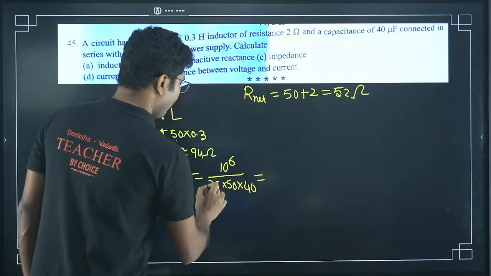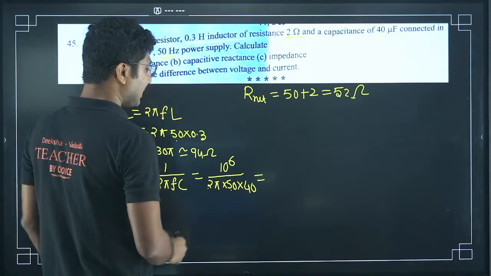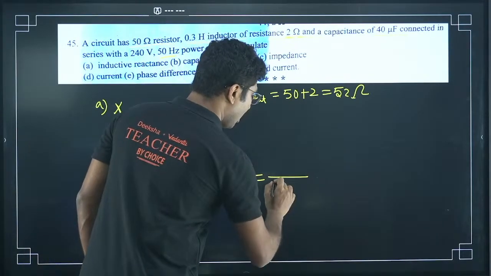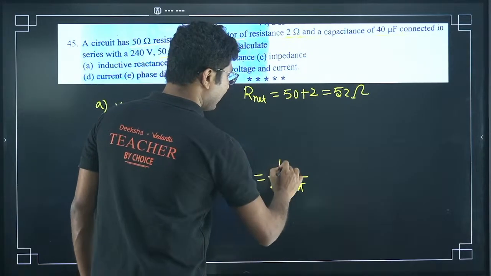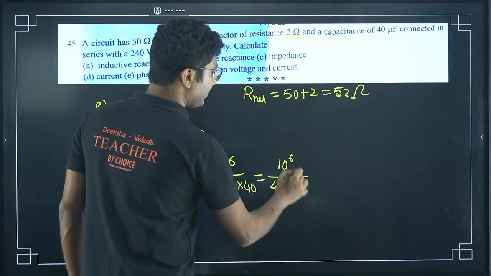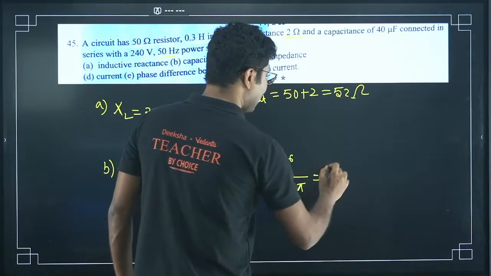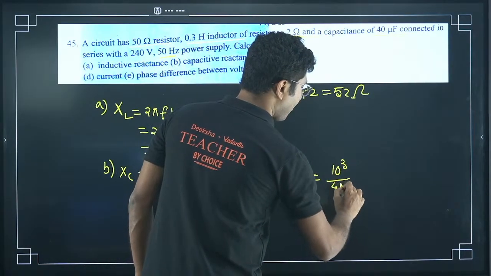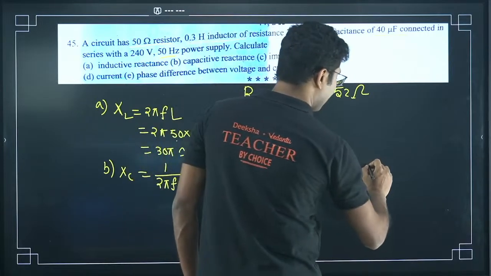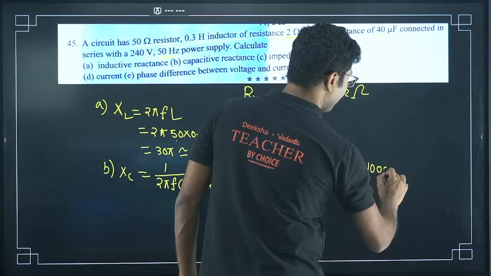Now, 2 into 50 is 100, 100 into 40 is 4000. So 4000 pi and 10 to the power of 6. So 3 zeros will be cancelled and we get this as 10 to the power of 3 divided by 4 pi. If you want to calculate the exact value, you have to use a calculator.